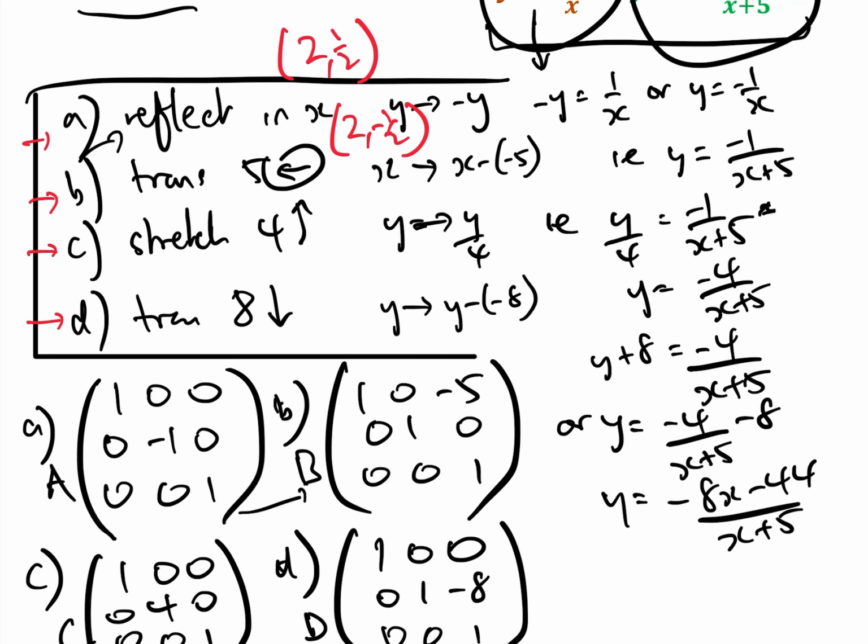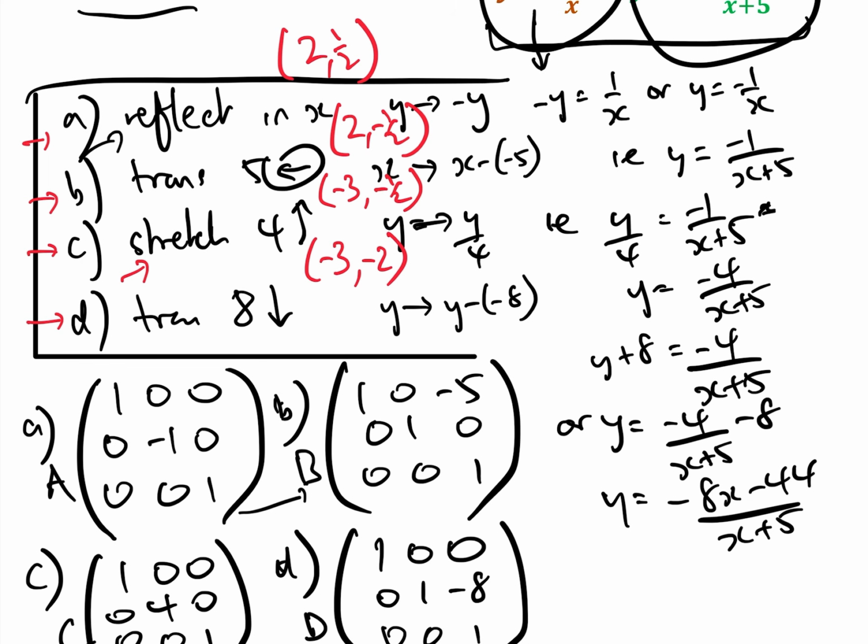Okay, and then if we translate 5 that way, that just takes 5 off of the x, which gives us minus 3, minus 1/2. And now if we stretch it by 4 in the y direction, that just multiplies the y by 4, so that gives us minus 3, minus 2.